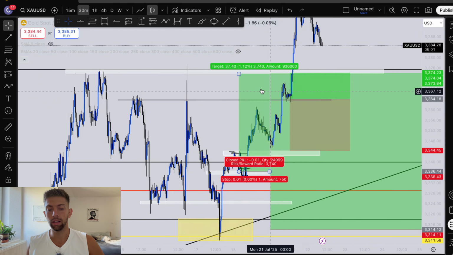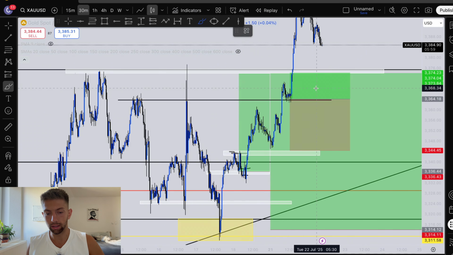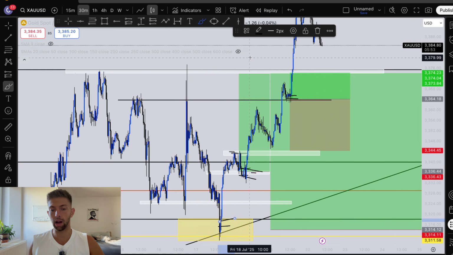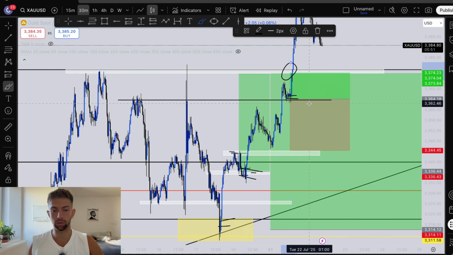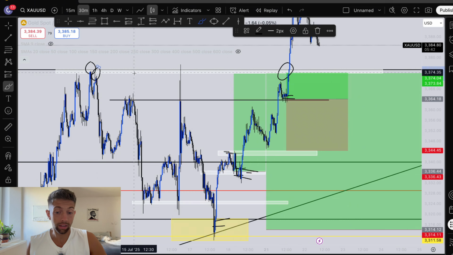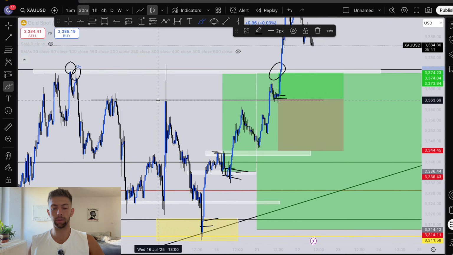But since I was scaled in here with multiple positions, here multiple positions, here I had 2 positions, I was completely happy to close the trade right here at this previous structure high, at this internal major higher high point, and I was satisfied with the profit, so I closed the trade.